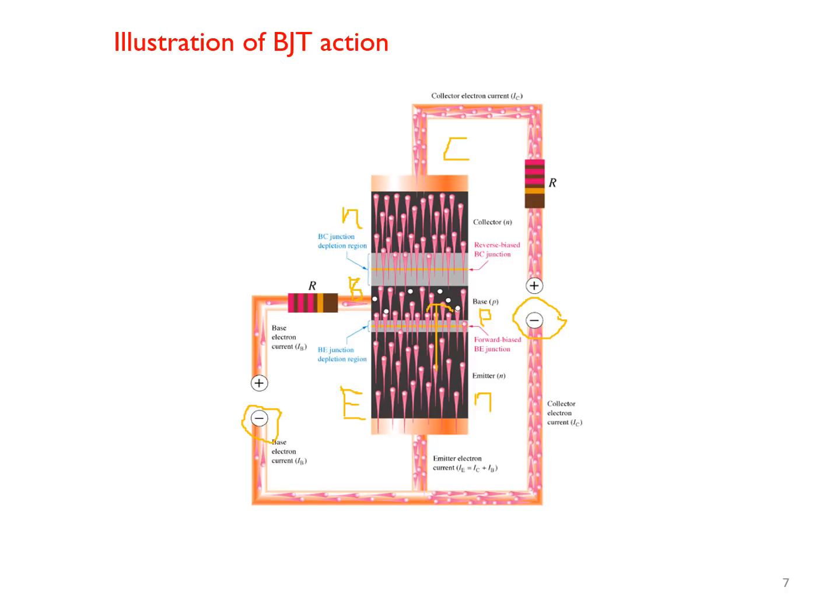As I mentioned before, base is lightly doped and very narrow, so it has a very thin current carrier. Only a small percentage of electrons flow from BE junction and combine with the holes and flow out of the base lead as valence electrons, forming small base current IB.